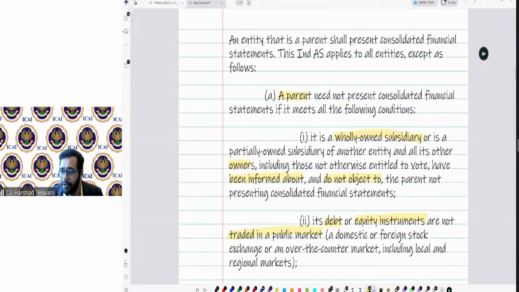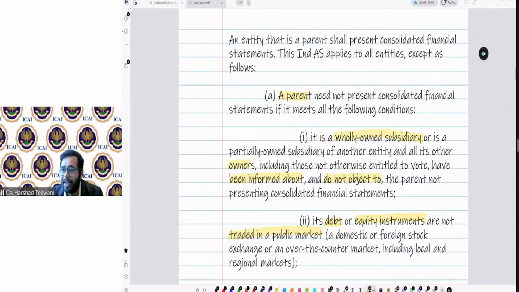One, it is a wholly owned or partly owned subsidiary, and owners have been informed that the company will not be preparing its consolidated financial statements, and accordingly they do not object to it. Number 2, its debt or equity are not traded in the public market.